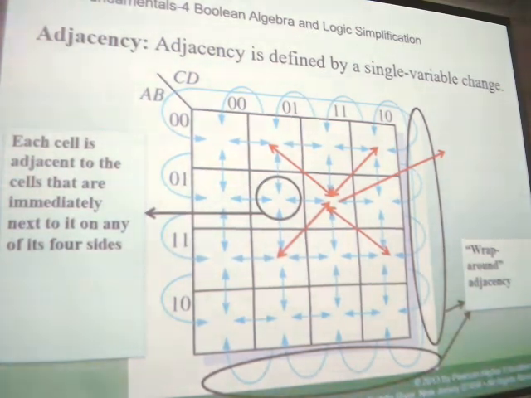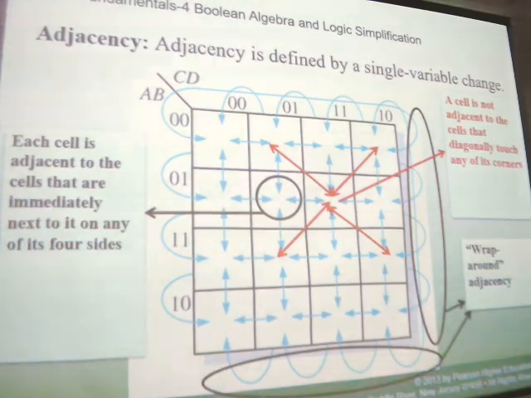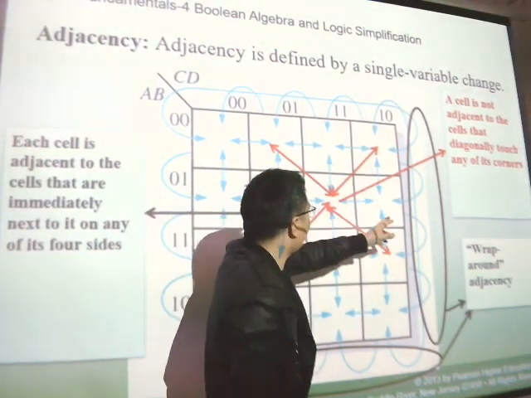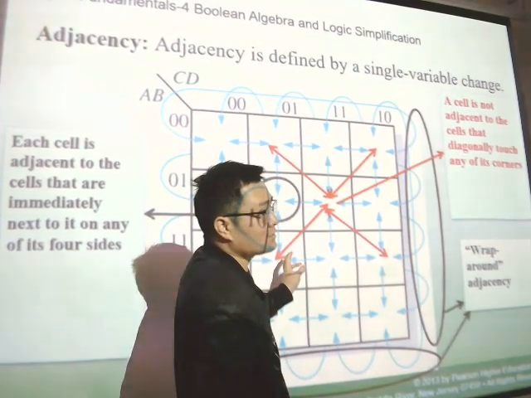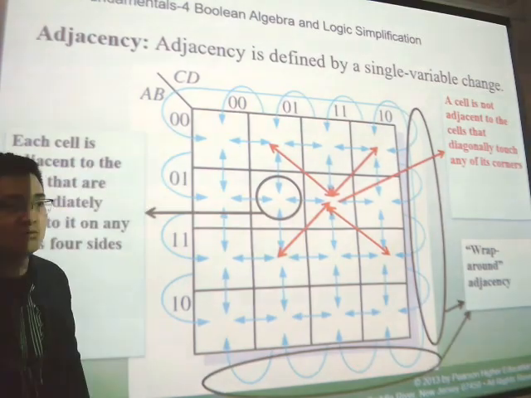And a cell is not adjacent to the cells that diagonally touch any of its corners. So these 4 cells are not adjacent to this cell.